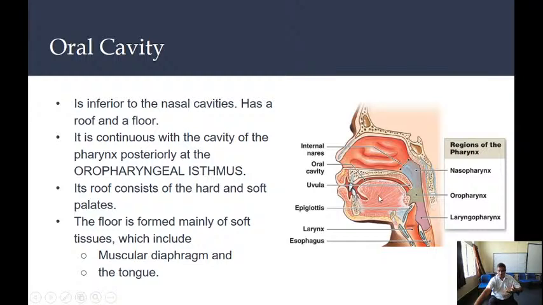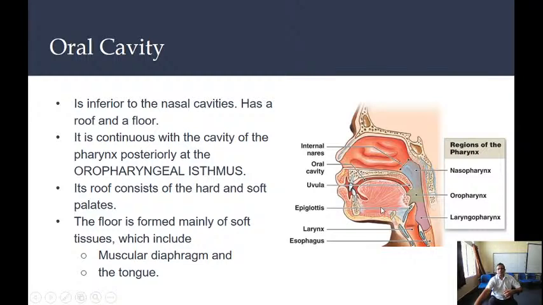Tongue consists of muscles, nothing but muscular tissue. There is no cartilage or bone. So the tongue is attached to the mandible anteriorly and posteriorly to the hyoid bone. So those are the attachments of the tongue.